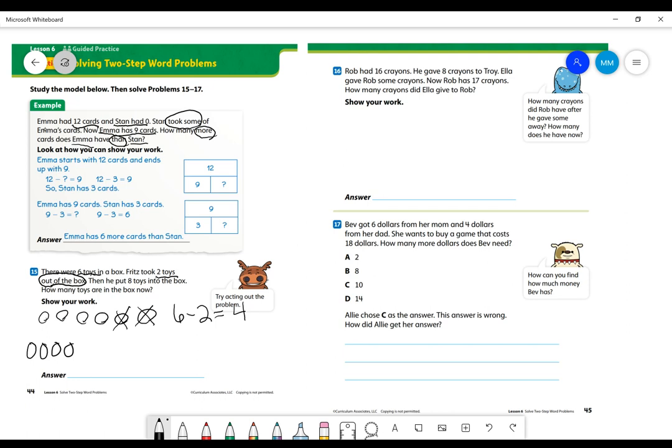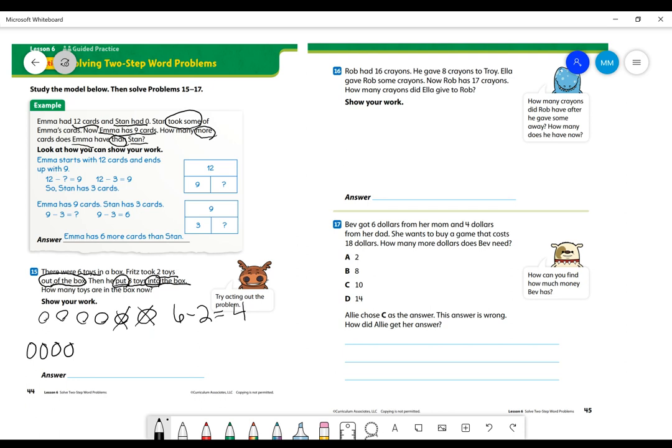Then he put 8 toys into the box. How many toys are in the box now? So he took 2 out of the box and we had 4 left in, but then he came back and put how many in? 8.